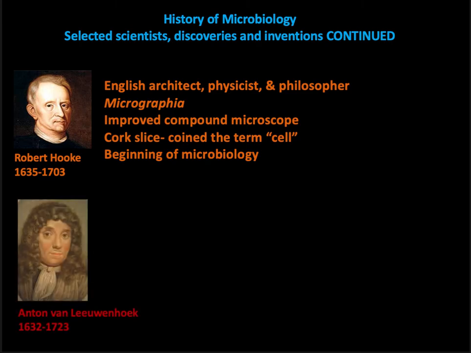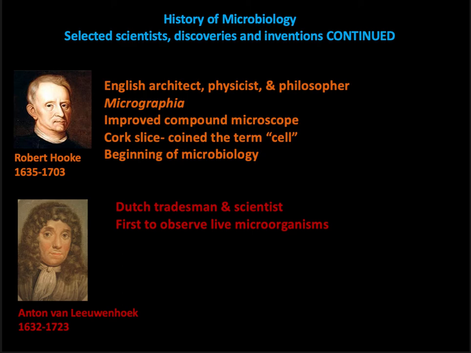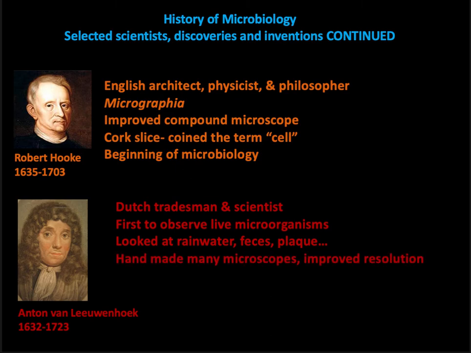Okay, then Anton van Leeuwenhoek is Dutch, a tradesman by day, scientist by night. He further investigated, using an improved compound microscope, and he observed living microorganisms. He looked at samples like rainwater, feces, plaque, anything he could think of, and, like I said, he made even more improvements with improved resolution.